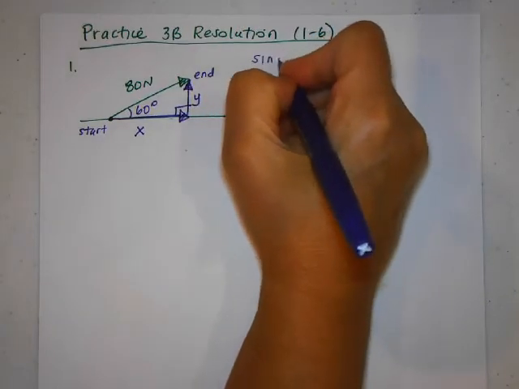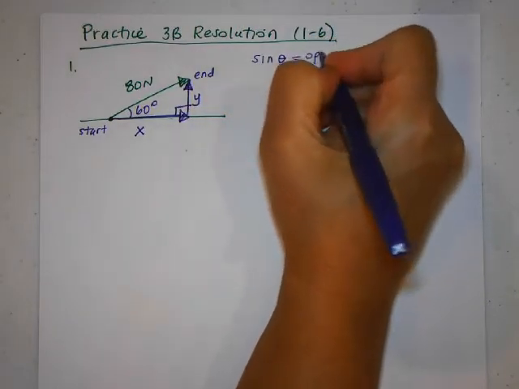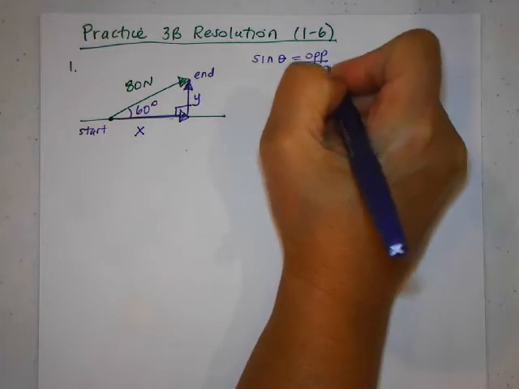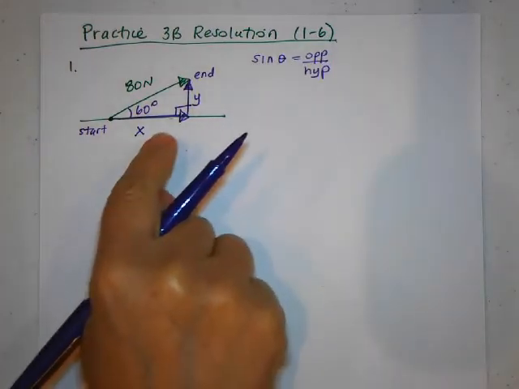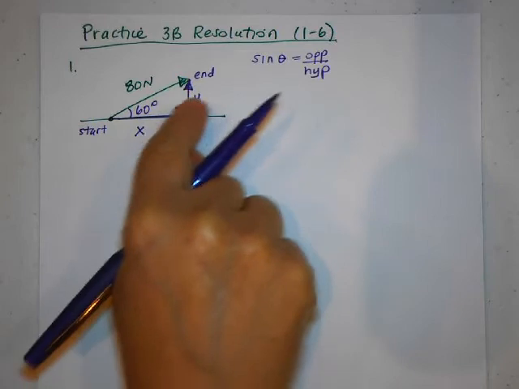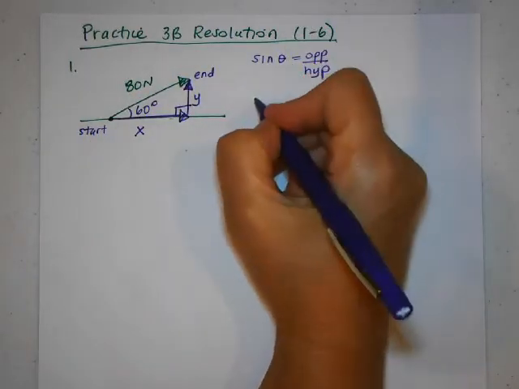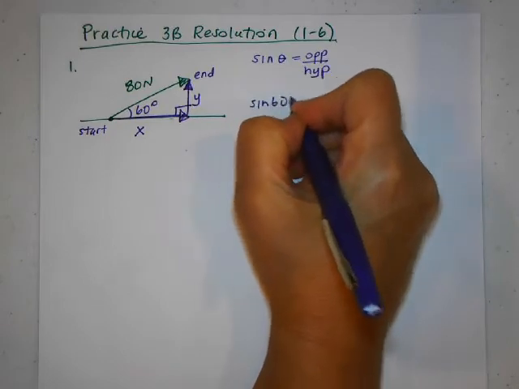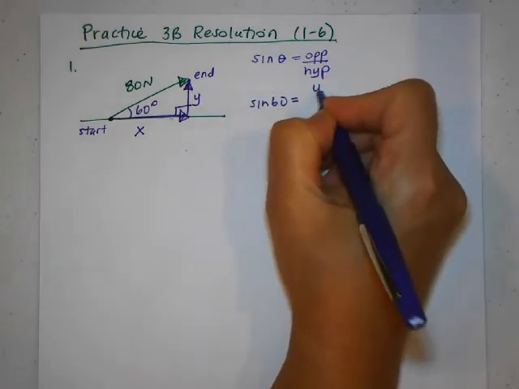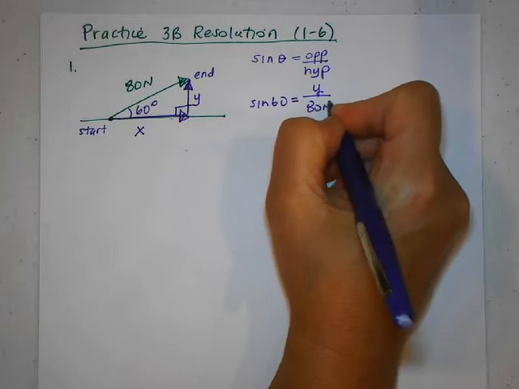Don't skip steps. If you're not sure, write down your definition. I know sine of theta is equal to opposite over hypotenuse. So in this case, opposite is y and the hypotenuse is 80. So I can say sine of 60 is equal to opposite y over the hypotenuse 80.